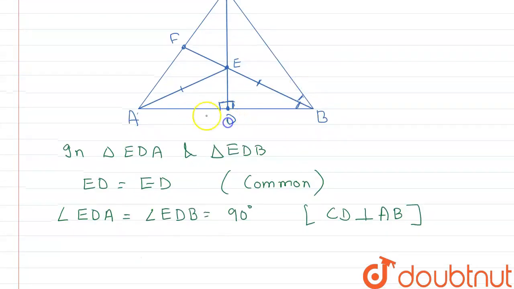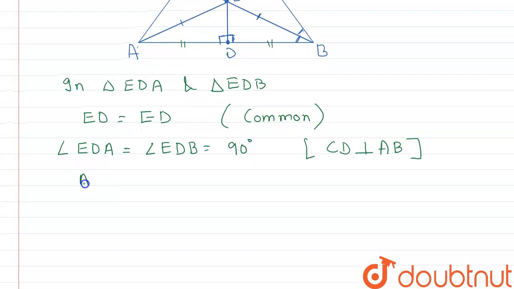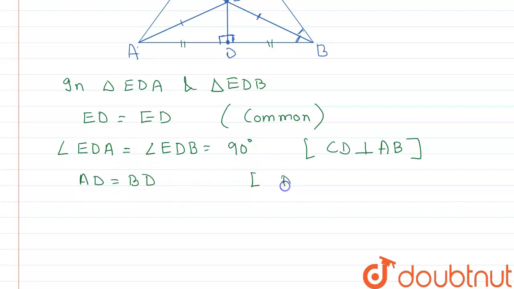That means it is dividing the line AB into two equal parts, so this line is equal to this line. So here we say that AD is equal to BD because D is the midpoint of AB. It is given.